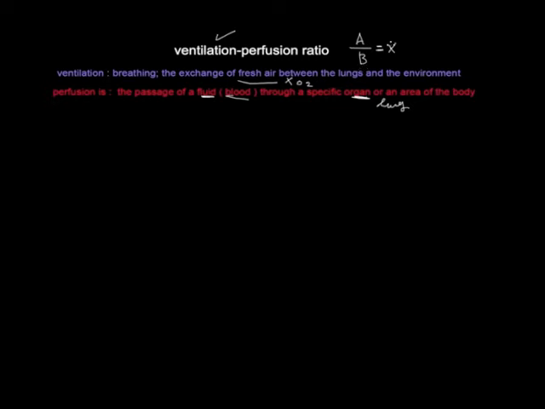This value, we actually don't know it yet, but when we have it, we want to know when it's normal, when it's increased, and when it decreases. And not only that, but we also want to know the reasons behind that.